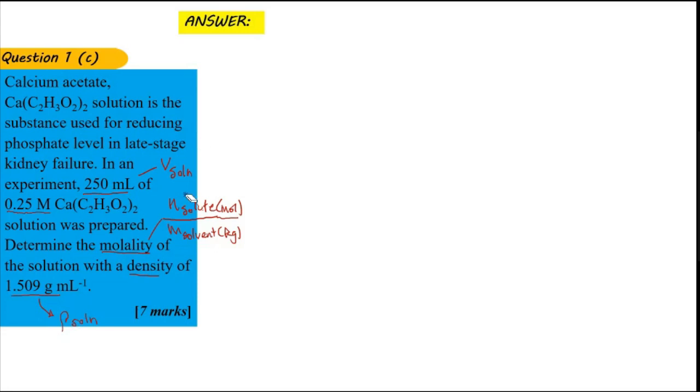After getting the mole of solute, you can find mass of solute. From density, you can find mass of solution, because density is mass upon volume, also of solution. So once you have found mass of solution, and you have already found a mole of solute, then convert to mass of solute. You take the mass of solution, you minus the mass of solute, you get a mass of solvent. All right, so that's how you go about.